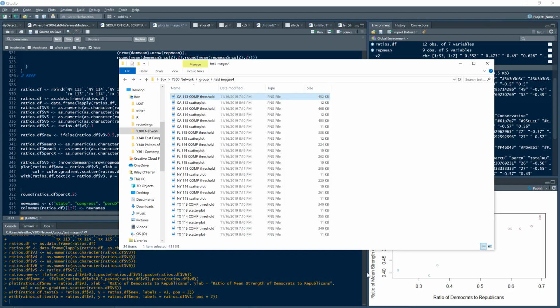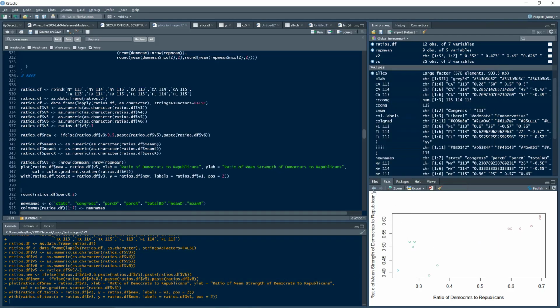I was working on producing some other plots. I was trying to look at the percentage of Republicans in a state. So if it's below 50%, it's a Democrat majority. If it's above 50%, it's a Republican majority.